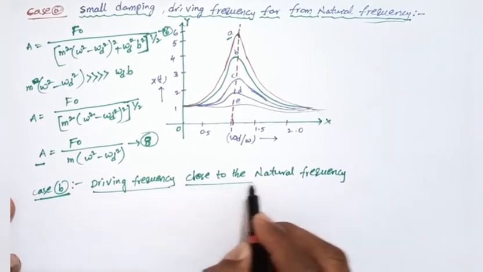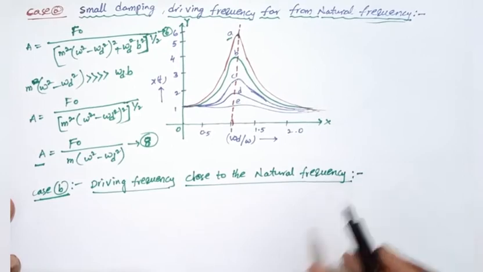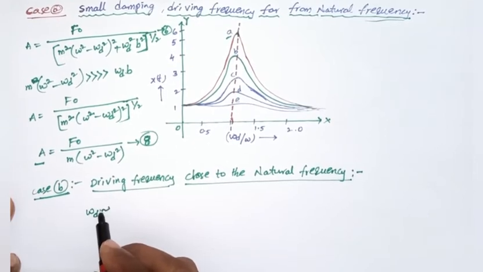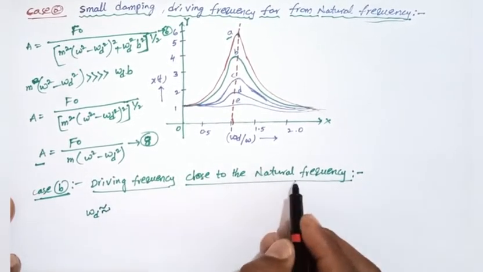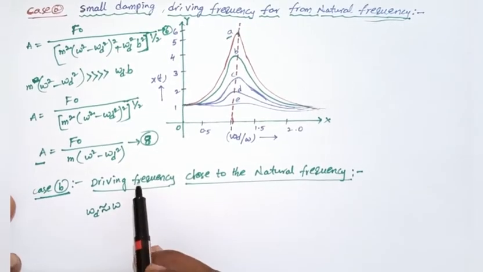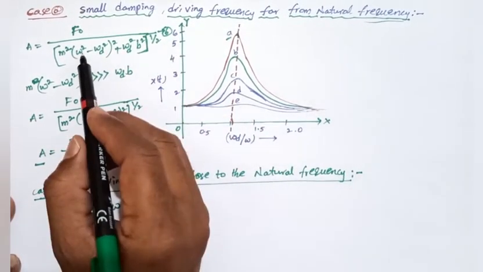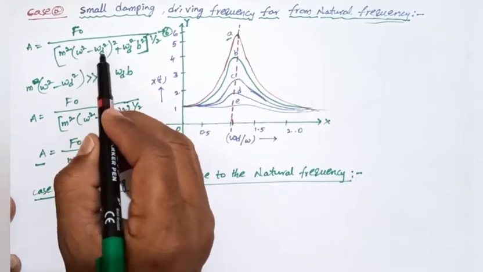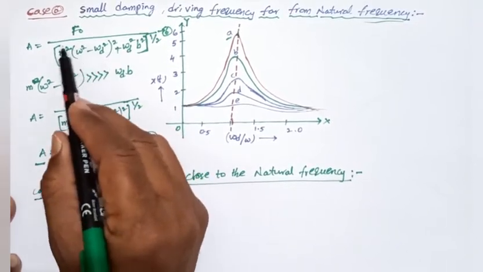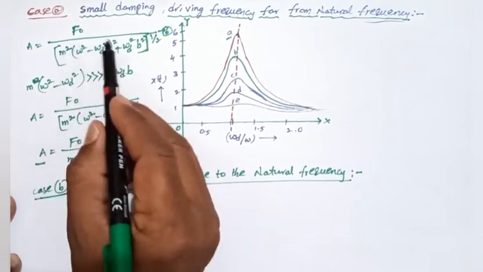The driving frequency omega d is approximately equal to the natural frequency omega. So in equation number 6, omega is approximately equal to omega d. So this term is 0, and we can neglect this term completely.